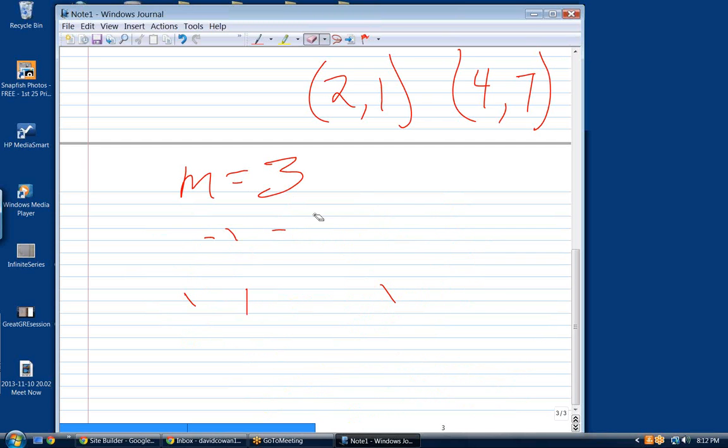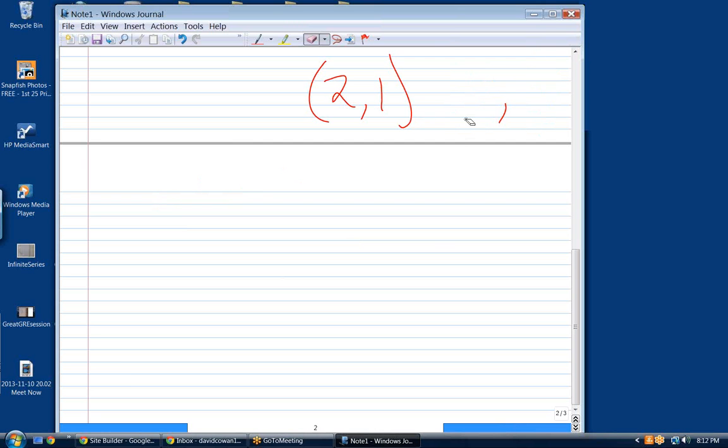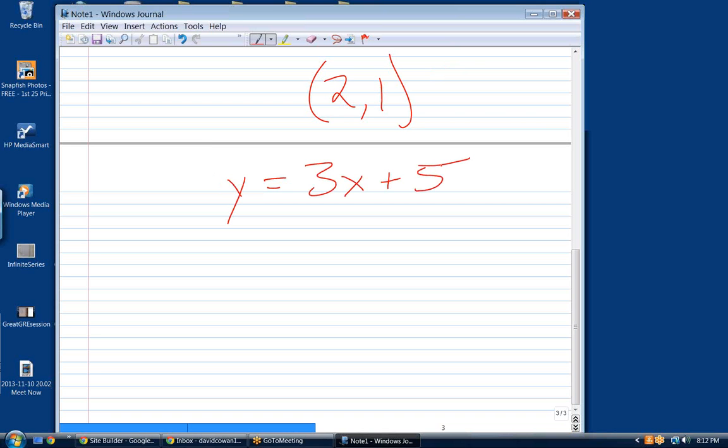Okay, so another way to come up with the equation of a line. What was that? That was y equals 3x minus 5. Give me the equation of the line that is perpendicular to this line and goes through the same point.